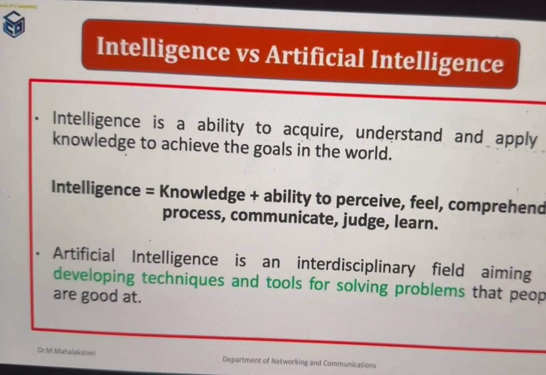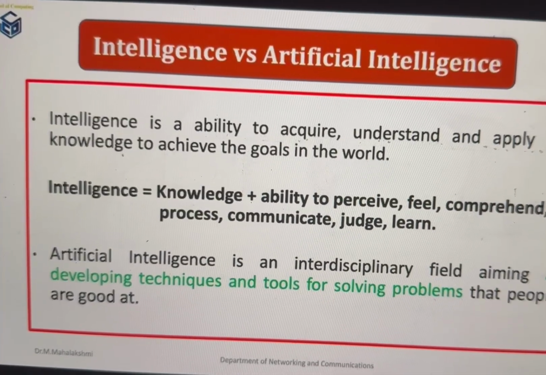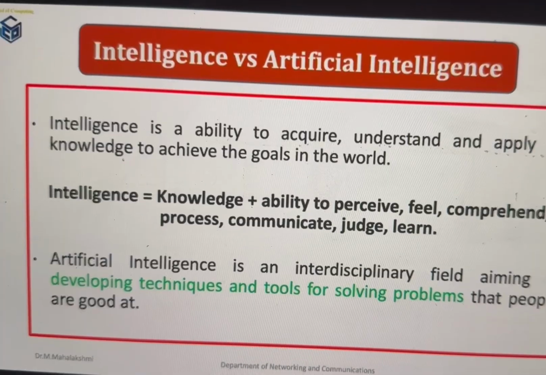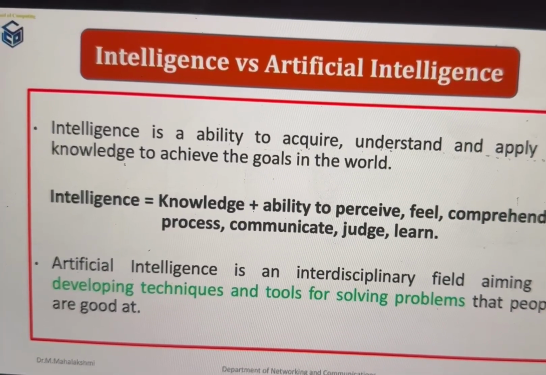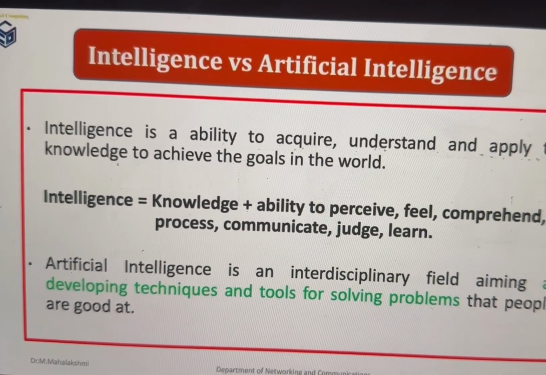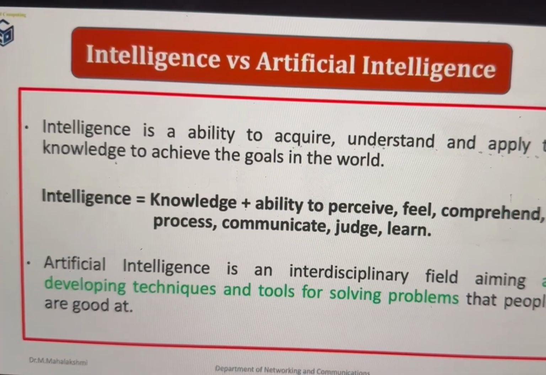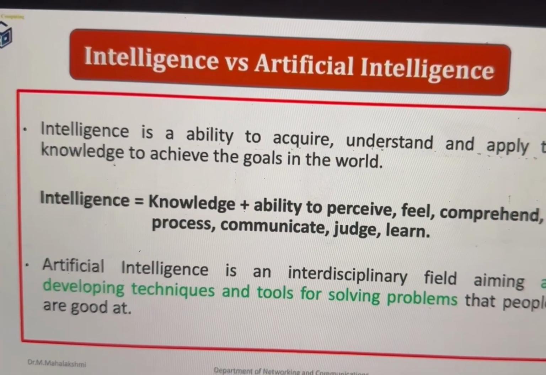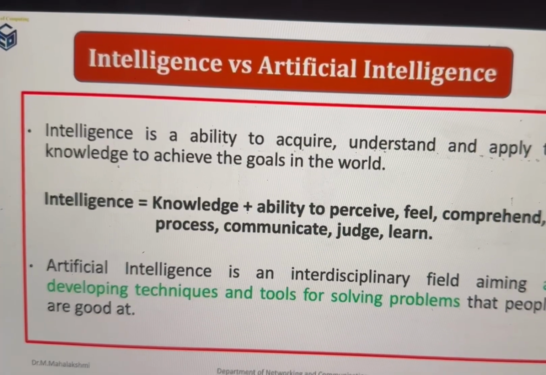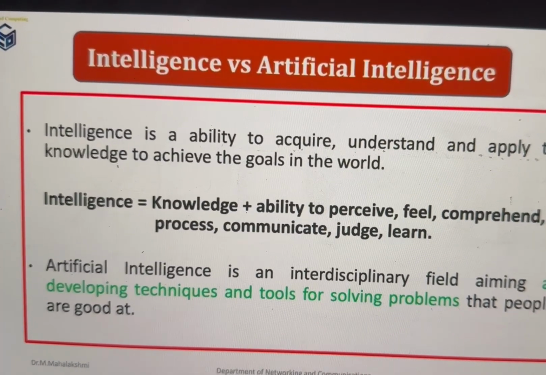So what we can say is intelligence. As a human being, we have a brain. We have different parts in our body. The brain is a knowledge center. It can store your knowledge or information, and also process the knowledge and information. We can divide the other parts into two categories.